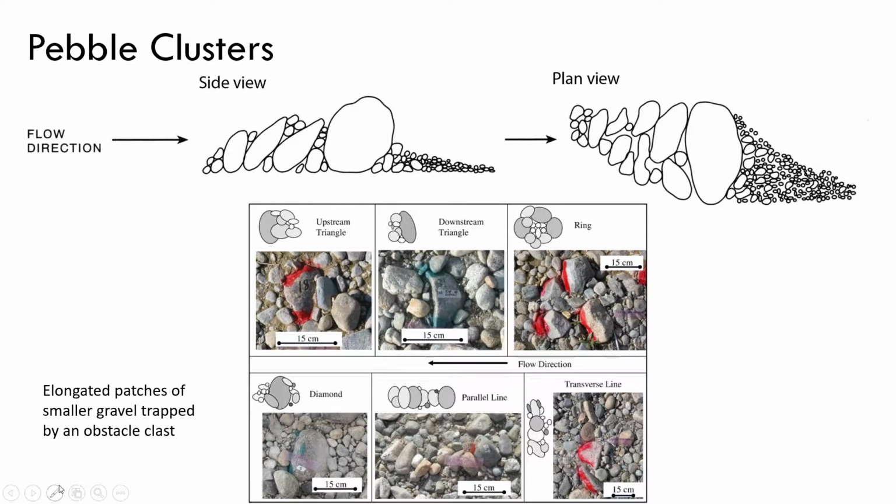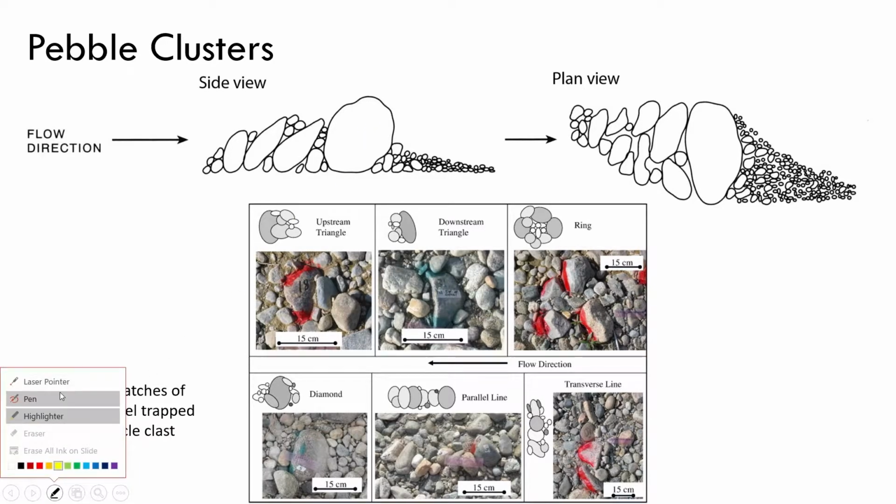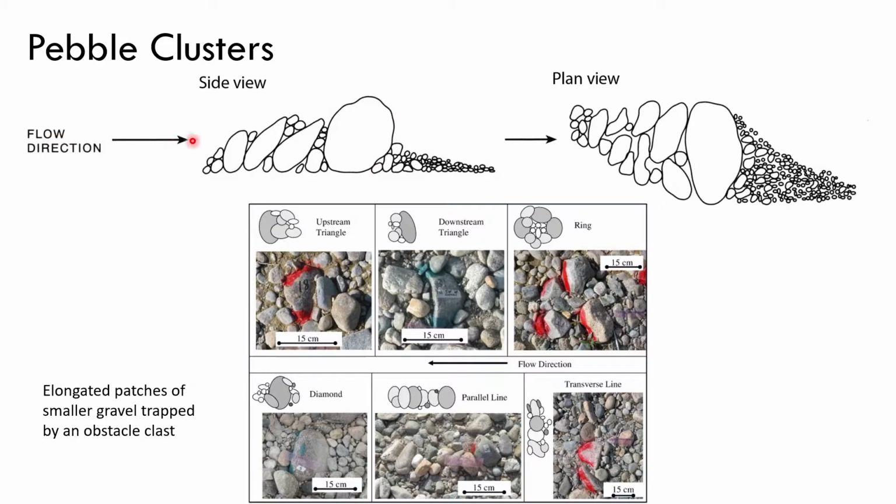In the diagrams here, if we look at this from the side view, sometimes we'll get larger accumulations of bigger pieces of sediment, and then little pieces of sediment or sand or small gravels will accumulate on the downstream end of these. If we look at it from the top here, you can see those obstacle clasts, and then this little cluster of pebbles or small gravel that get trapped in the leeward side of the flow there.